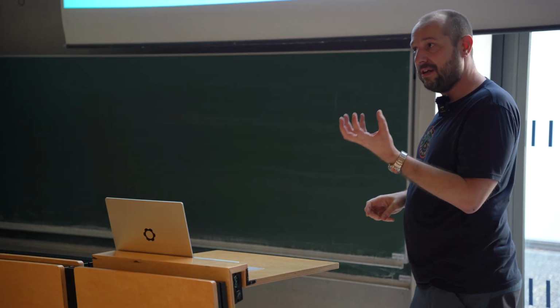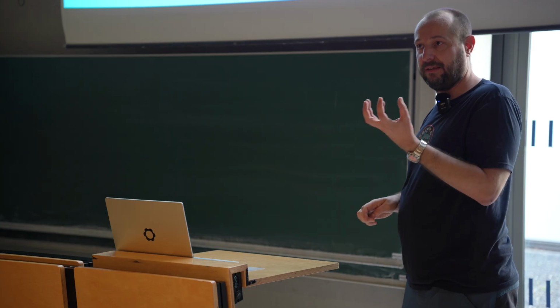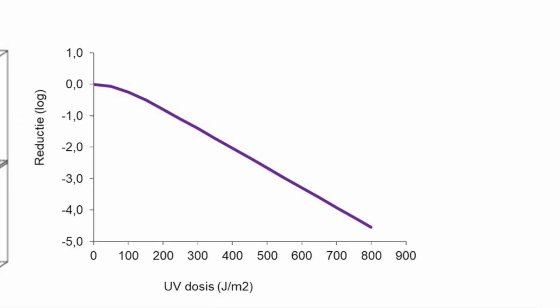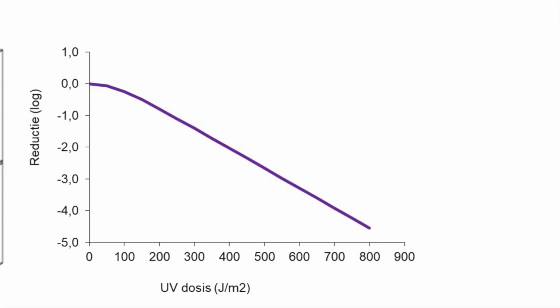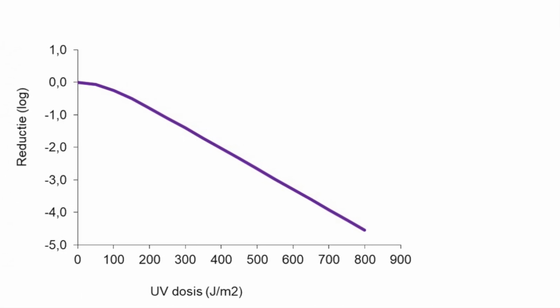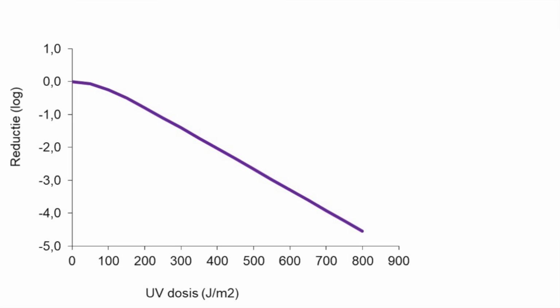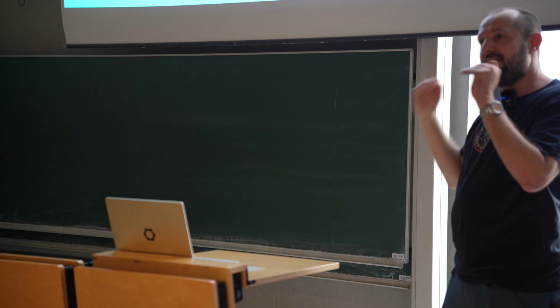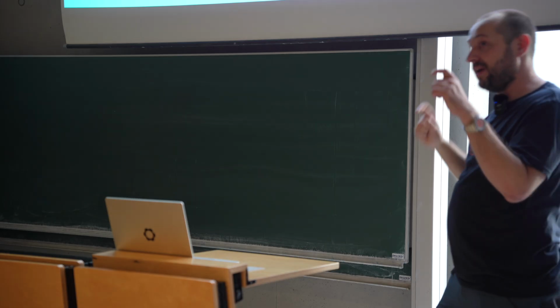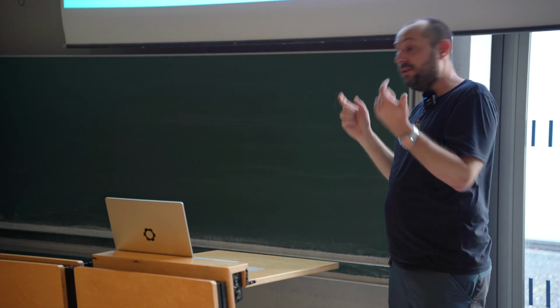So we have a setup with a UV light. We put a petri dish under it with the biodosimeter we bought, so the bacterium. And we apply a number of UVC doses so we can make a reduction line. At a lower dose you have a reduction of 1 log, at a higher dose you have a reduction of 4 logs, and this line needs to be as straight as possible. It needs to be straight within certain constraints to be usable.